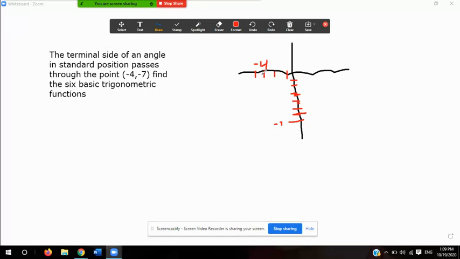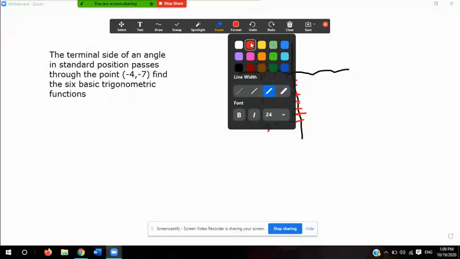So negative 7 is actually here. So let me erase this because I made a mistake there. Now, negative 4, negative 7, x is negative 4.